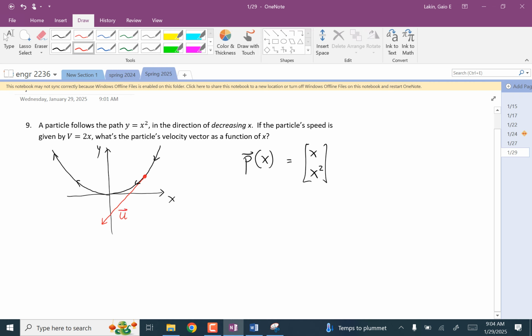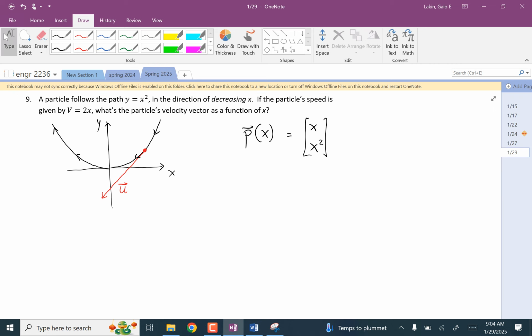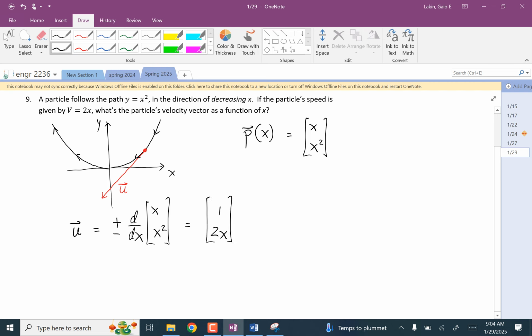It won't be a unit vector to start with. So u is plus or minus d dx of x squared. So that's 1, 2x, and it's in the direction of decreasing x, so we want the negative. Any questions about that?